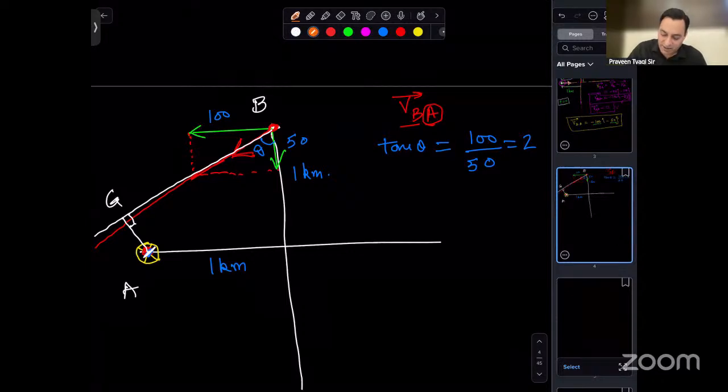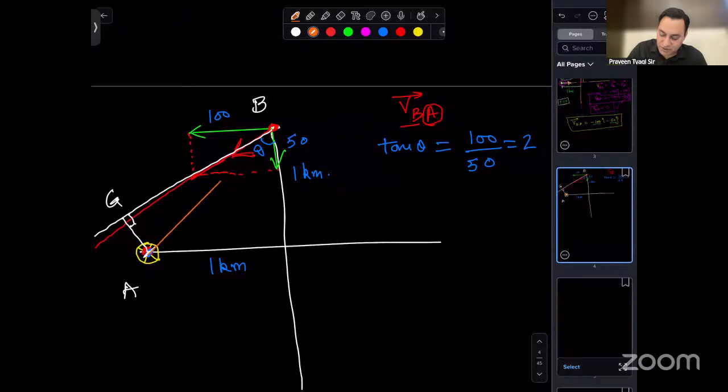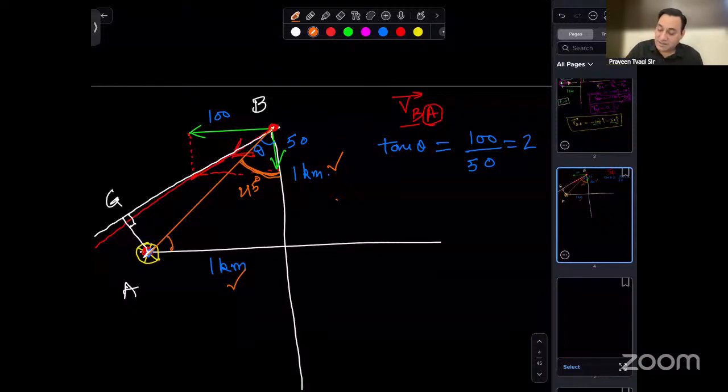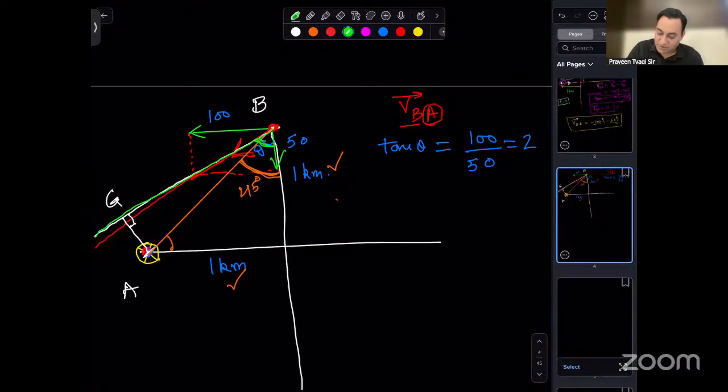If I draw a line, A and B are joined, you will know this angle. How much is this angle? This is 1 kilometer. This is 1 kilometer. So this is 45 degrees. And you can easily say that this angle is 45 degrees. Whereas our angle which the resultant velocity was making in this direction, this was theta. If you remember this angle was theta.